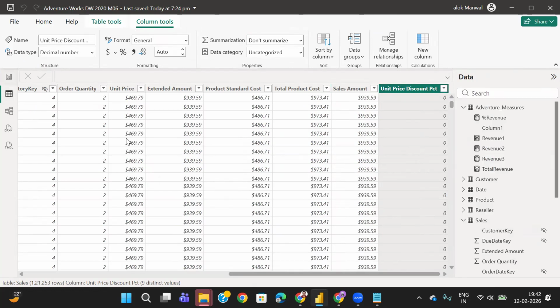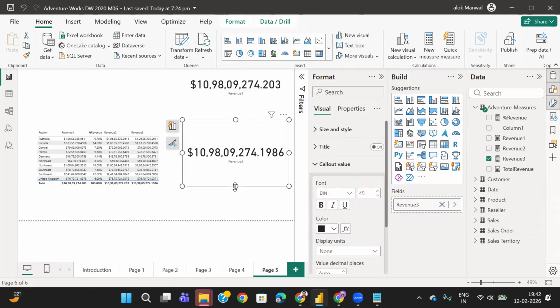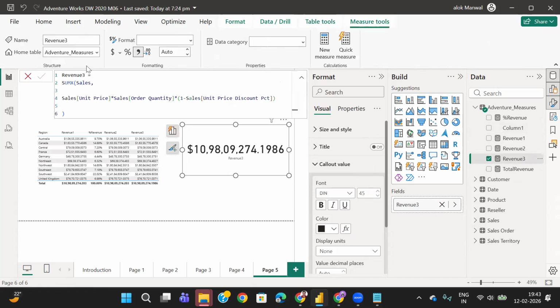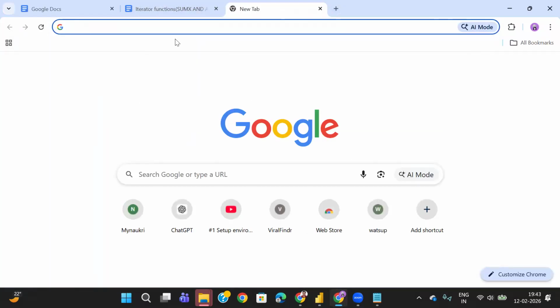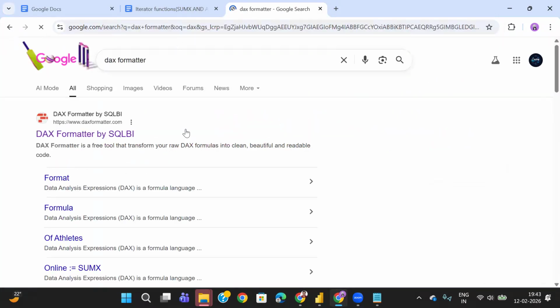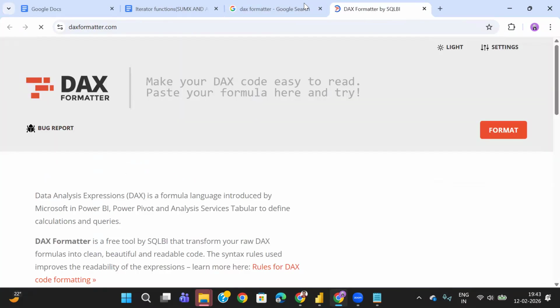Okay. So my point was to make you understand SUMX and its complicated version. What I'm going to do is copy this and use DAX Formatter to beautify our DAX. Just one second.